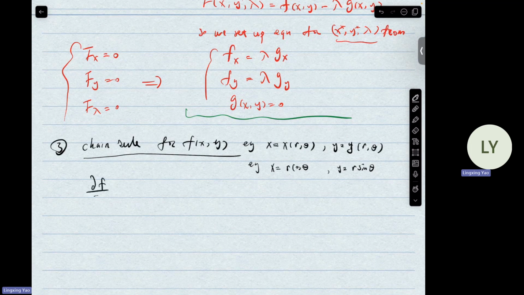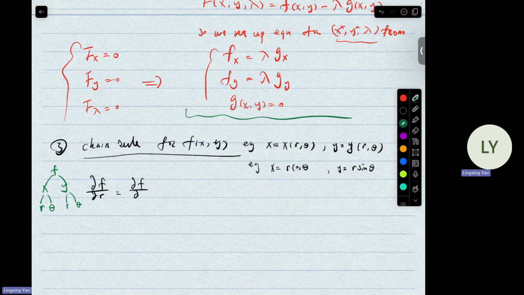And then what does partial f partial r equal? Well, the chain rule is partial f with respect to the first layer of variables. We can set it up so f depends on x and y, and each of x and y depends on r and theta. So we have all those branches starting from f and reaching r.